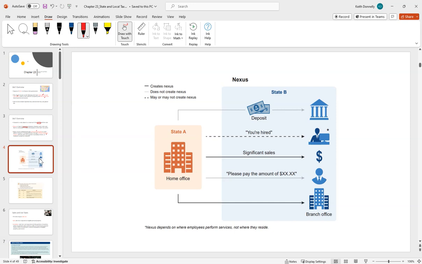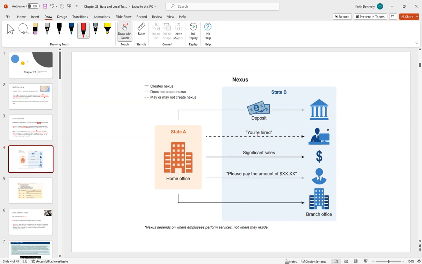So there are certain things that automatically create nexus, and other times it's a gray area. You have to look at the level of activity. Here, things that create nexus include significant sales or a branch office. Things that do not create nexus include just depositing money into a bank, purely.